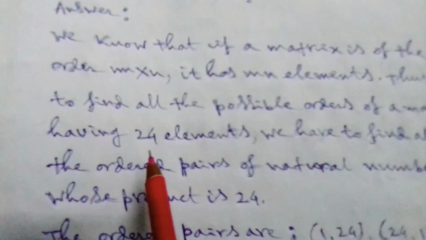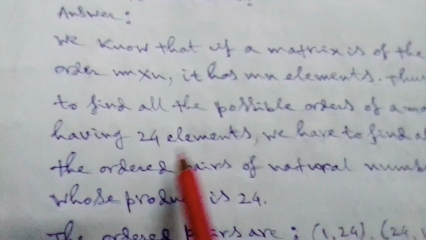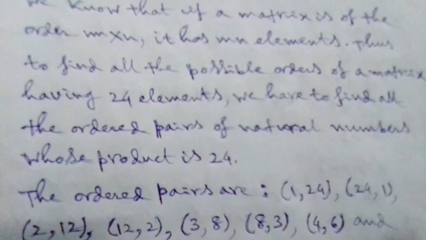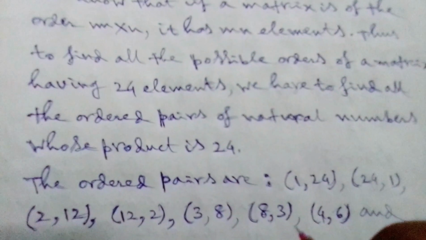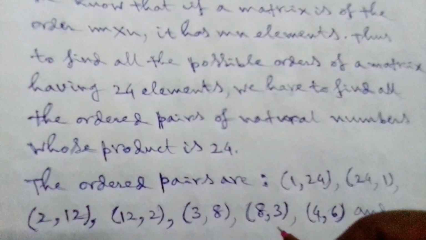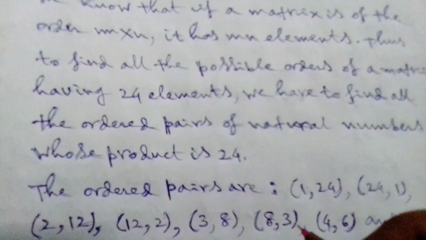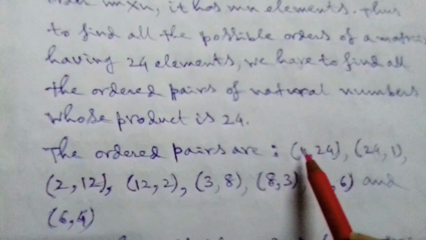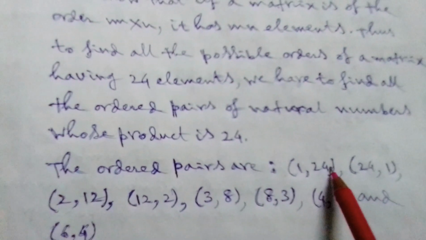We already know the factors of 24. So it will be 1, 2, 3, 4, 6, 8, 12 and 24 itself. So 1 and 24 is one pair.